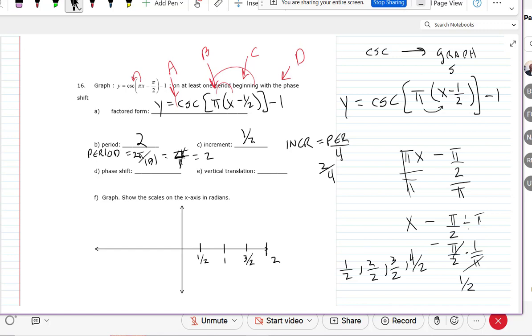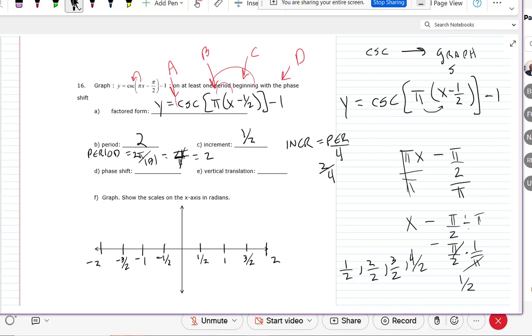So you made it all the way to 2 units. When you count to 5, 1, 2, 3, 4, 5, you should be at the end of the period. Okay, that's how that works. And then over here, we have negative a half, -1, -3 halves, and then -2 like that.